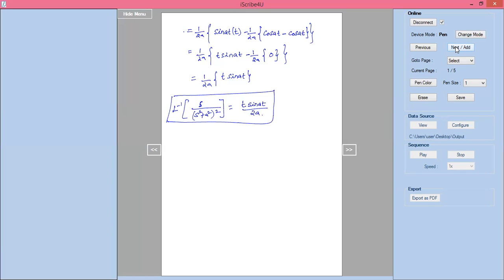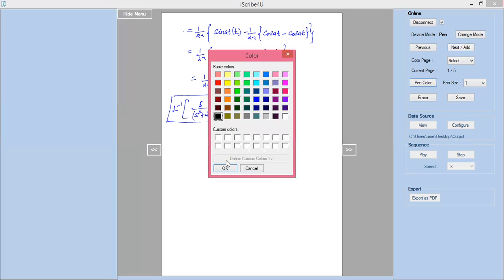Using convolution theorem. Next, third question. Any doubts in this? You can ask. Right.